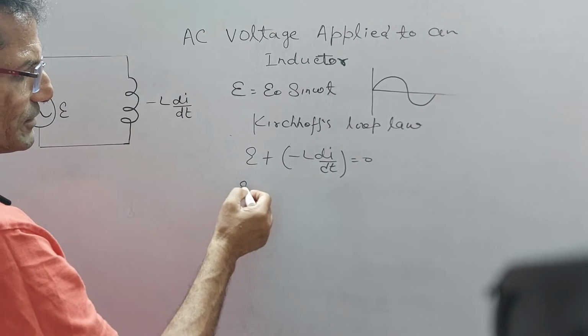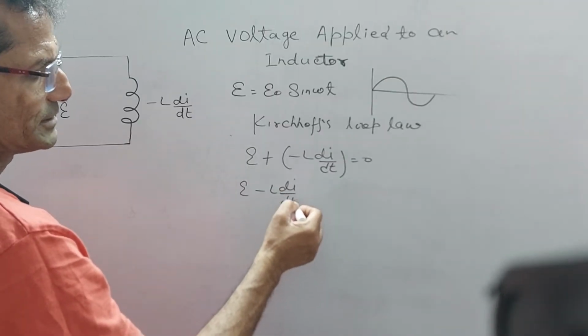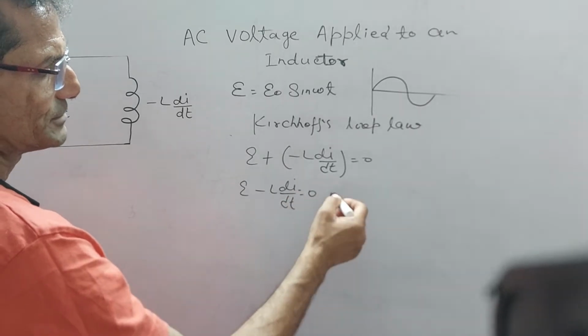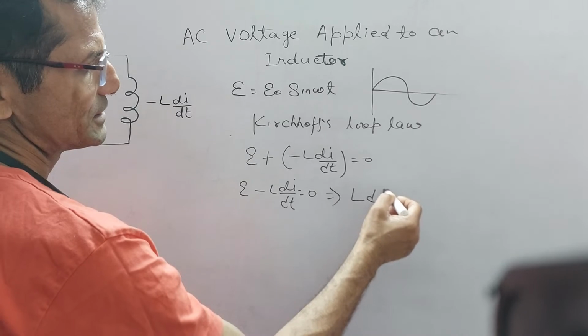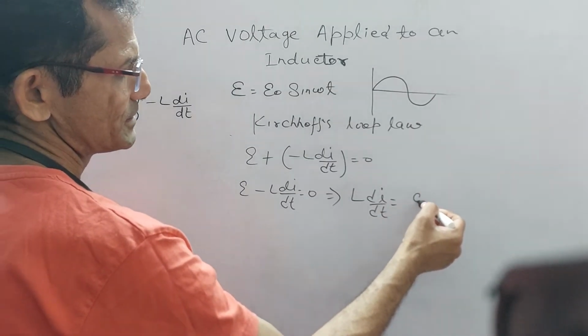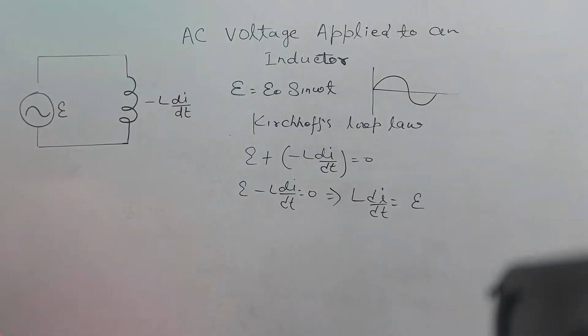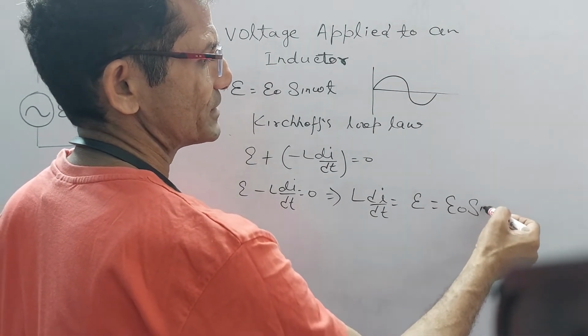From here, E minus L di upon dt is 0, so L di upon dt equals the EMF, which is E naught sin omega t.